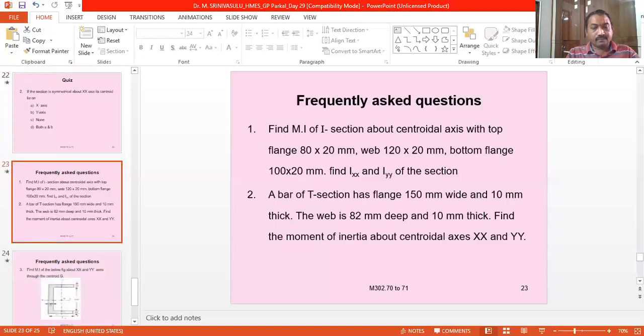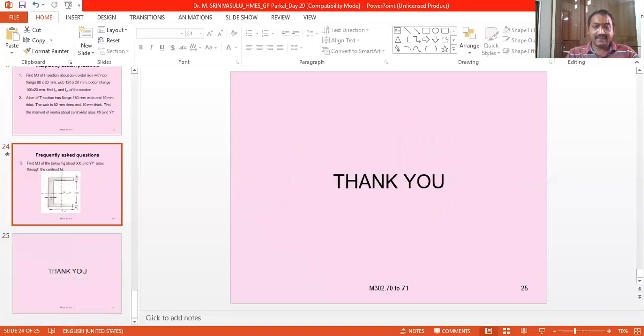And now these are the problems on the I section, T section and C section that will be given. You take out these problems and try to solve them.